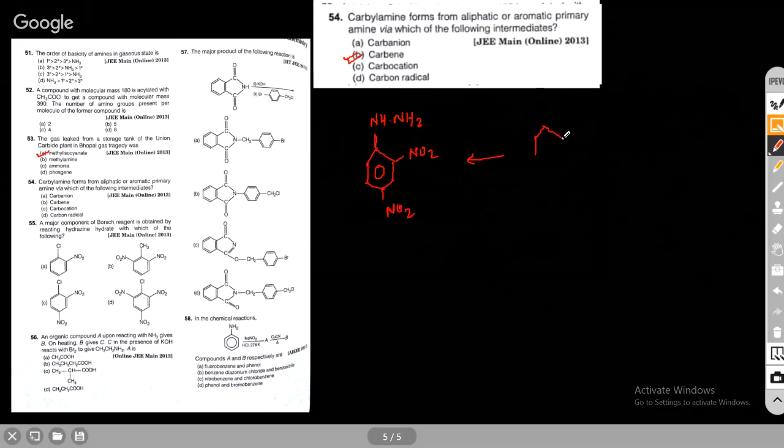If you have Cl present, this 2 NO2 will be as it is, like it is given in option C. Here we have Cl, and when this reacts with hydrazine hydrate, which is NH2 NH2 dot H2O, what happens?